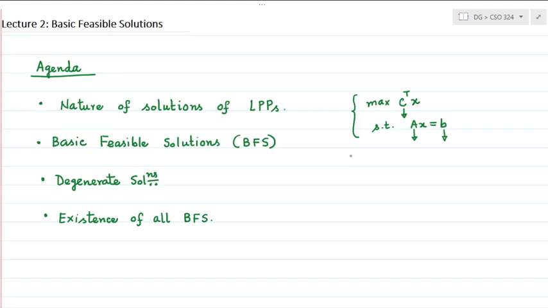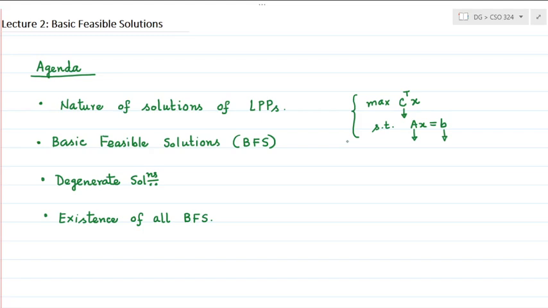At first, we will try to look at exhaustively the possibilities of having solution of linear programming problems. Then we will look at the fundamental concept in solving the linear programming problem, that is the notion of basic feasible solution.